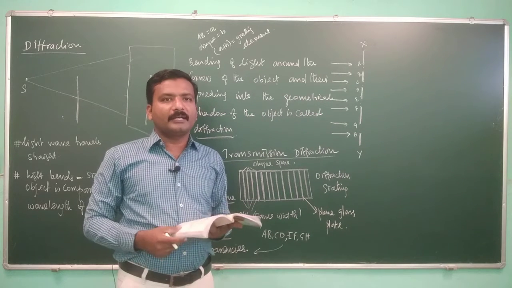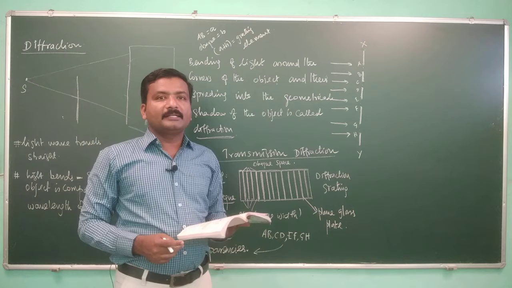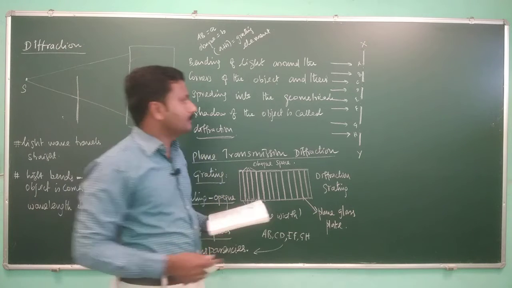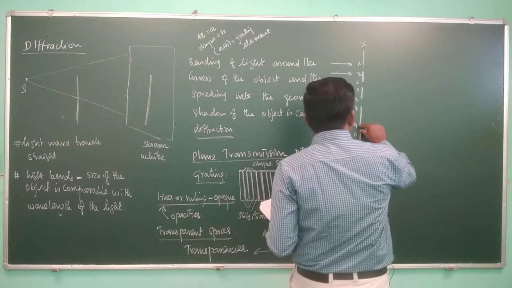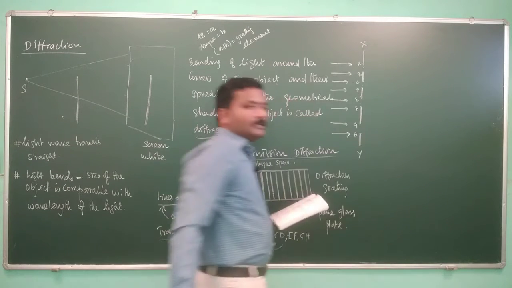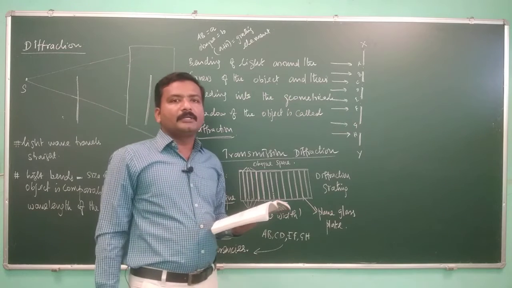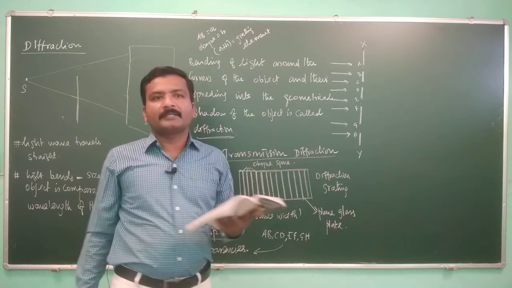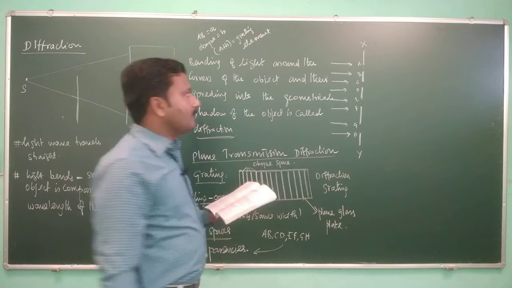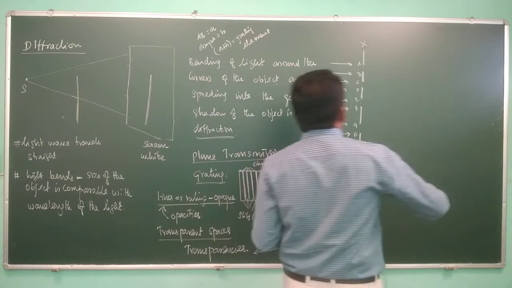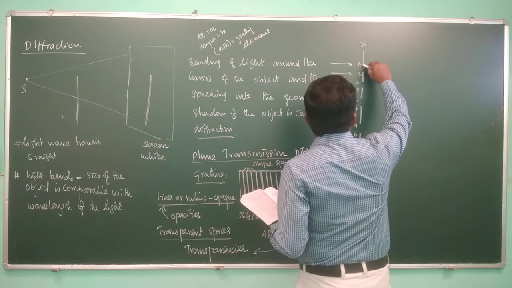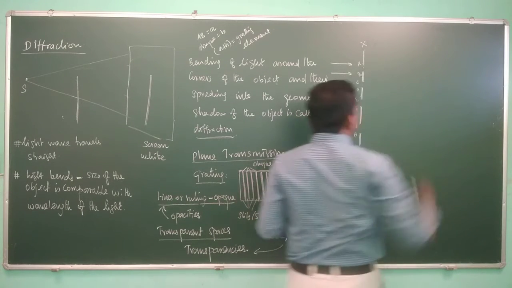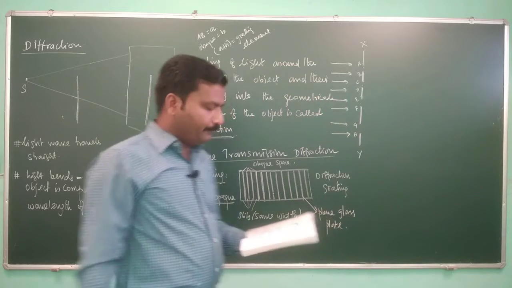Most of the light rays will travel straight. But if the width of the transparencies is comparable to the wavelength of the incoming light, then we could expect some of the light rays to deviate from their straight-line path at the edges, so that they travel out of the straight line.